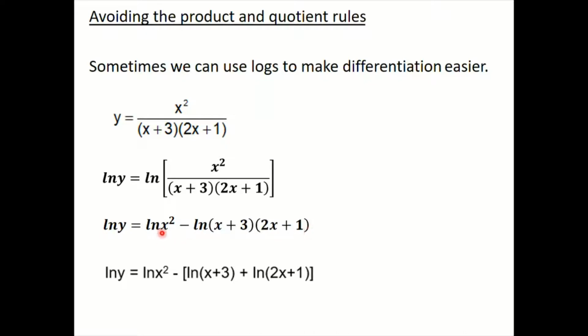So here we've got the numerator, here we've got what's in the denominator, and we can further simplify using the log rule that applies to products, where here we've got x plus 3 multiplied by 2x plus 1. We can separate this out, and we would take the natural log of x plus 3 plus the natural log of 2x plus 1.